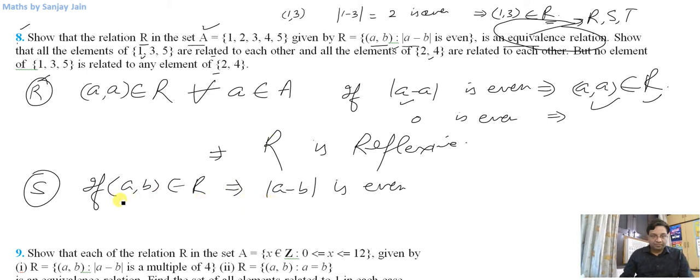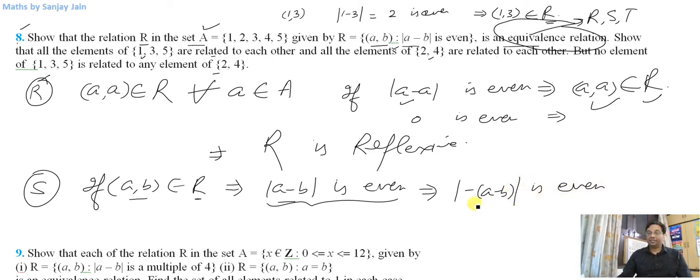Now presence of (a, b) in this relation R means |a - b| is even. So if |a - b| is even, can I say |-(a - b)| is even? Yes. Anyways, this is a modulus sign, so a minus b or b minus a inside this modulus sign will mean the same thing. So this means |b - a| is even.